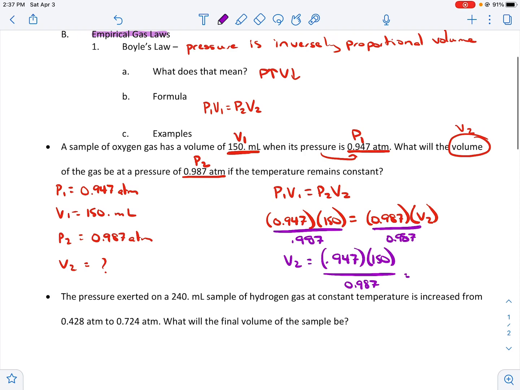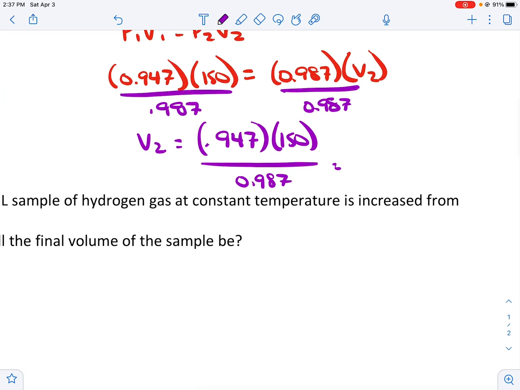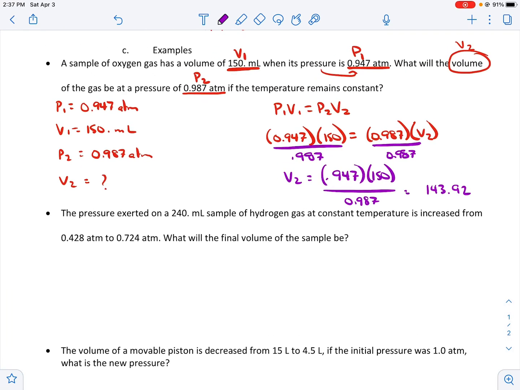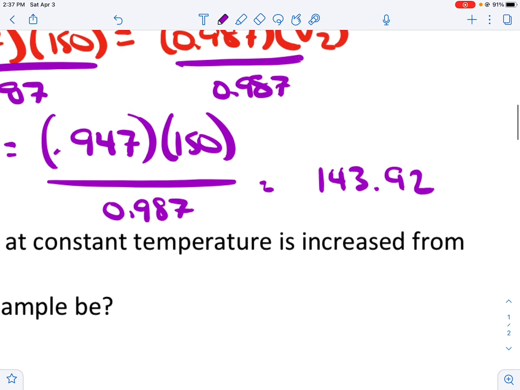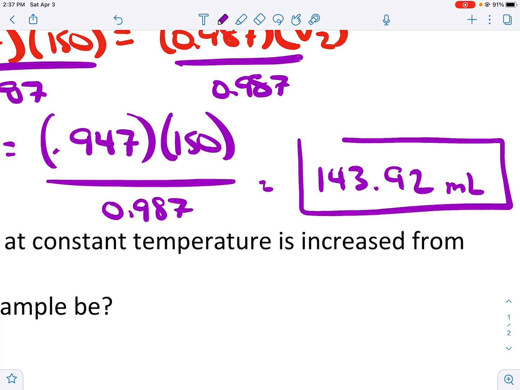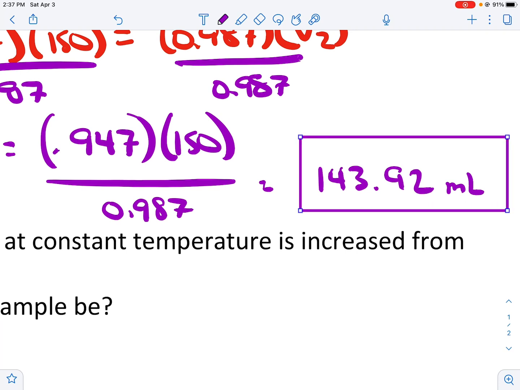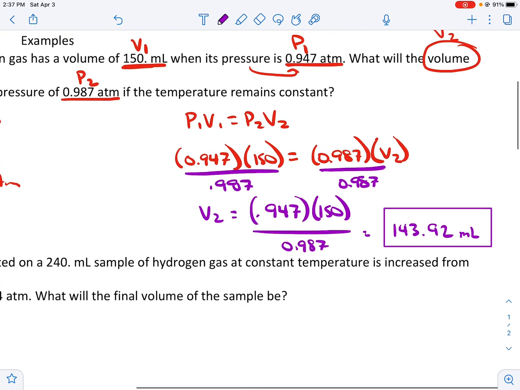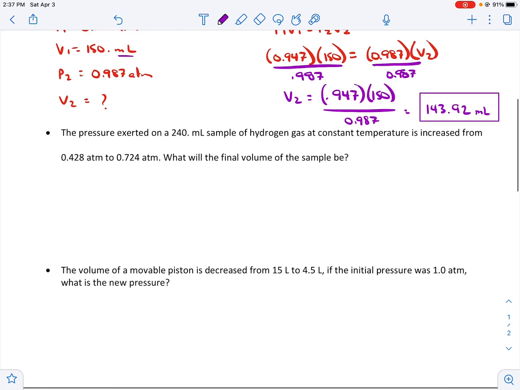And our answer, with two decimals, we're going to say 143.92. And our label on that, well, our volume was milliliters, so that's going to be the same there. So we're going to say mL, milliliters. Okay? There we go. Awesome. Let's roll on to the next one.